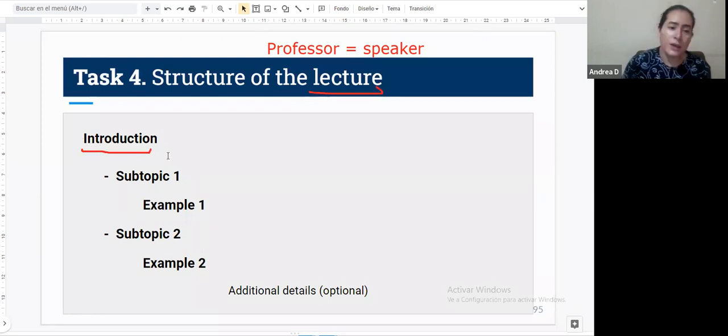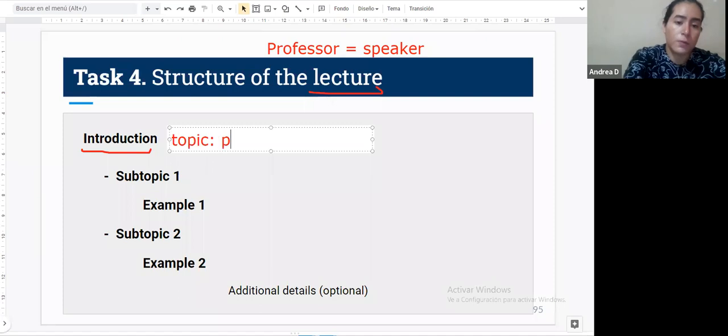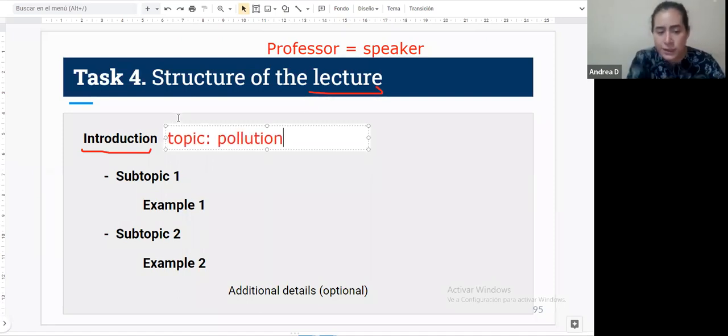So in the introduction, you will have a brief introduction to what the topic is gonna be. So for example, let's say that our topic will be pollution. Okay, this is gonna be our topic. So the professor will greet the class, introduce the topic, and maybe sometimes this is optional, you can have a brief definition of the topic.